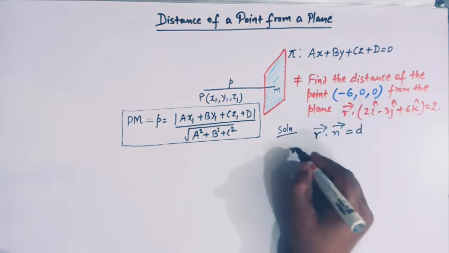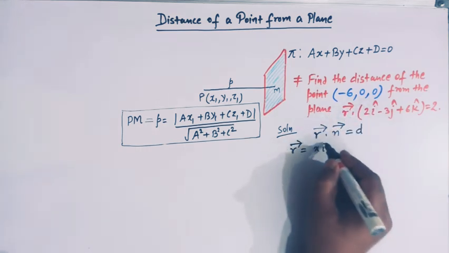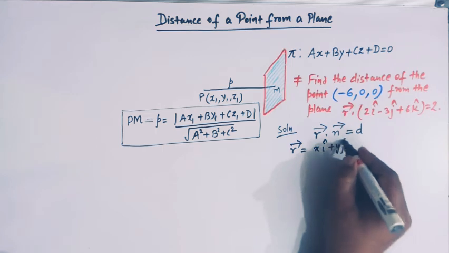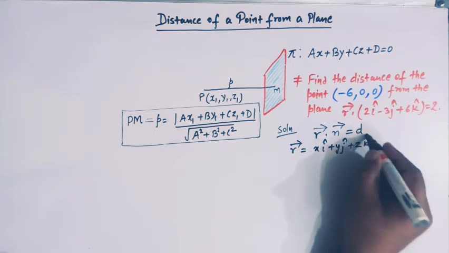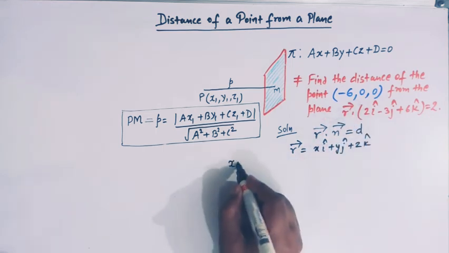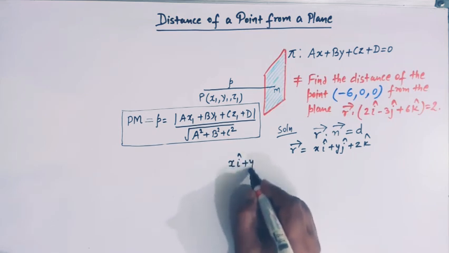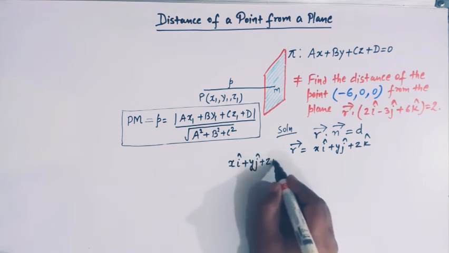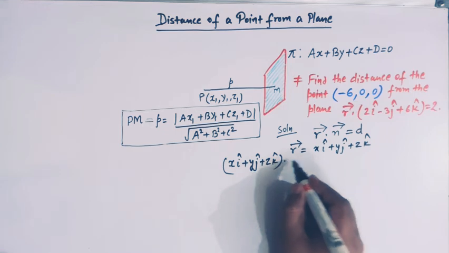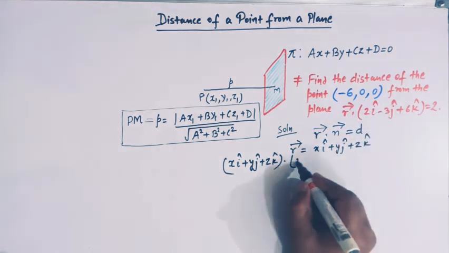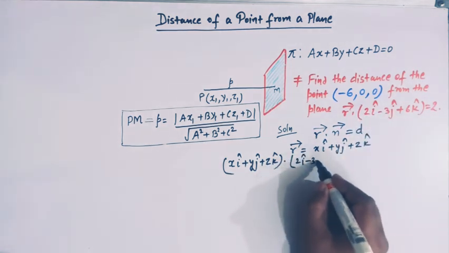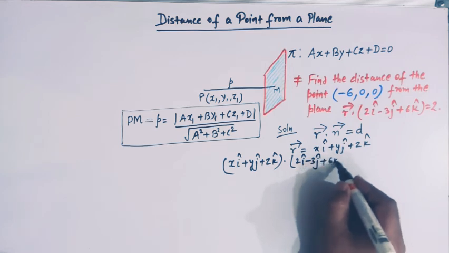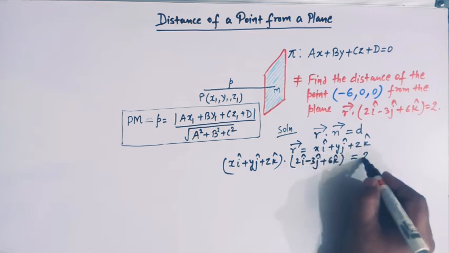So vector r is simply xi cap plus yj cap plus zk cap, and the dot product of xi cap plus yj cap plus zk cap with this vector, that is 2i cap minus 3j cap plus 6k cap is equal to 2.